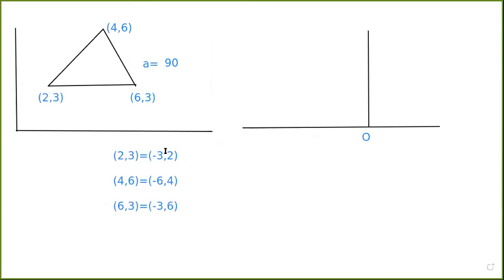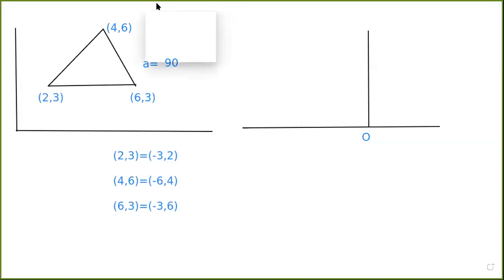So all values of y are positive, so your triangle will be on the upper side, not the lower side. But all the x values are minus, that means this will be opposite of the first quadrant. So in this section your triangle is going to be drawn.